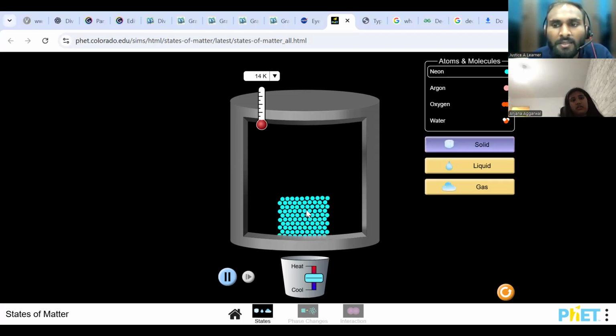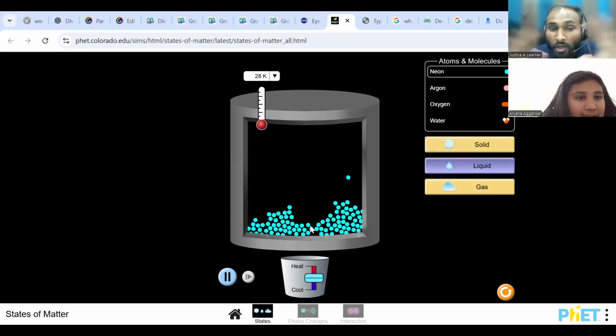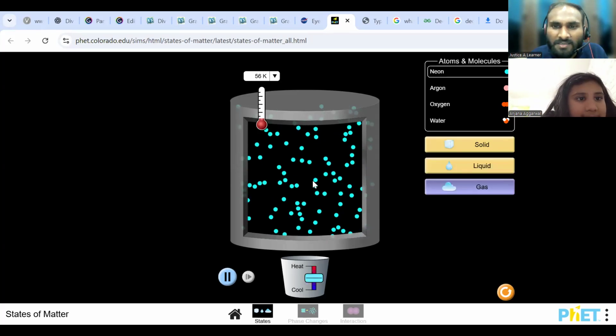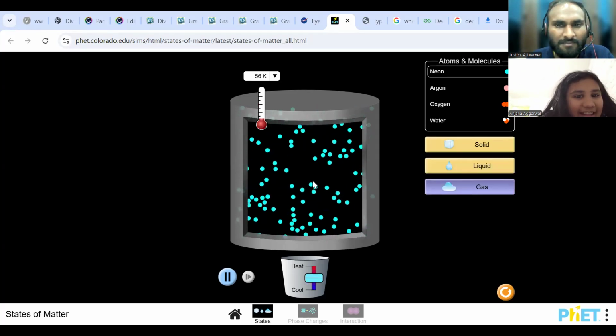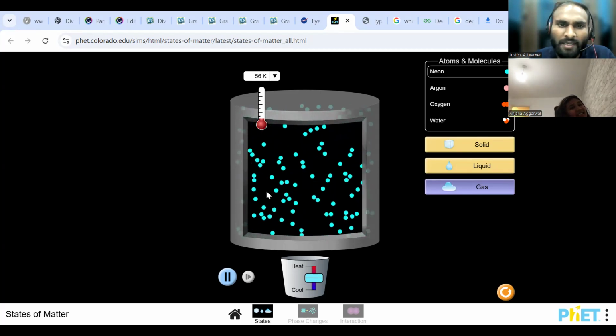This one is solid. Now this one is a little far, but not that far. Solid, liquid, or gas? Liquid. And what about this? Gas. Great. So you understood solid, liquid, gas.